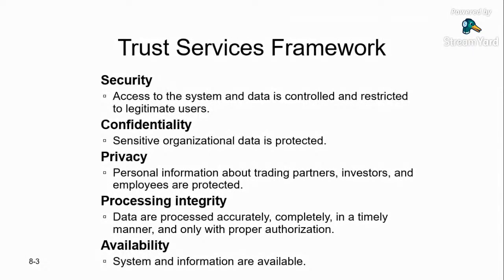Beyond that, when we have a trust service framework, we want to share the information, and various parties are involved. There is a mutual trust between them, and when we transact, when we communicate, when we share the information, when we share the data, these are some key aspects which we have to provide. Security: access to the system and data is restricted to the legitimate users only.